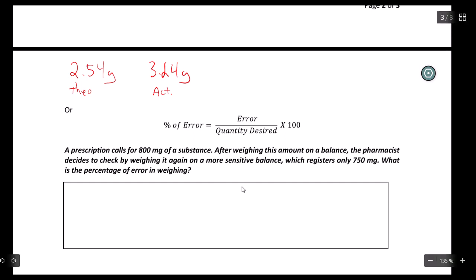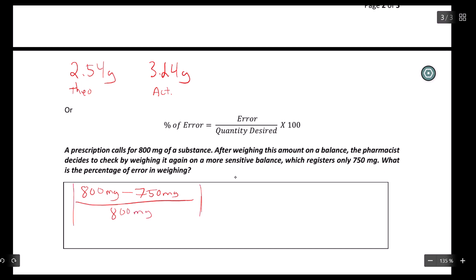The amount that it should be in theory, the theoretical weight, is 800 milligrams. The weight that you actually weighed out, when somebody measured it, was 750 milligrams.